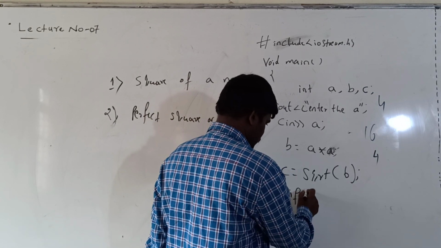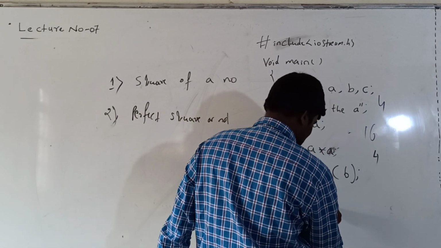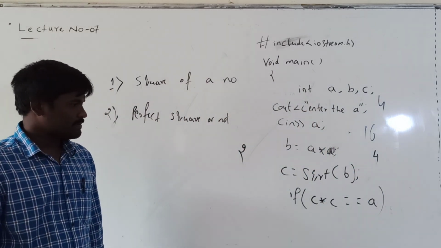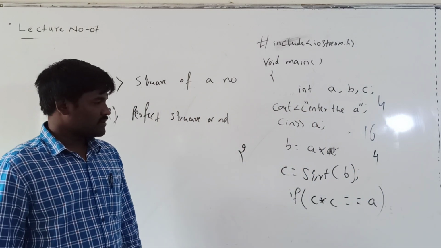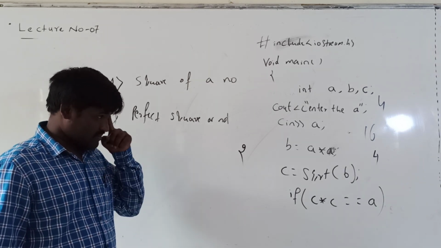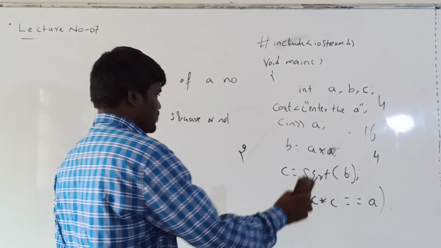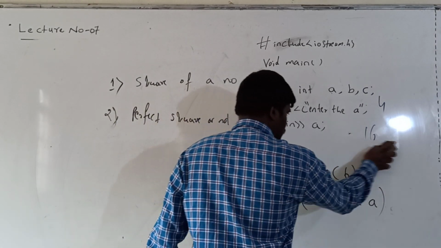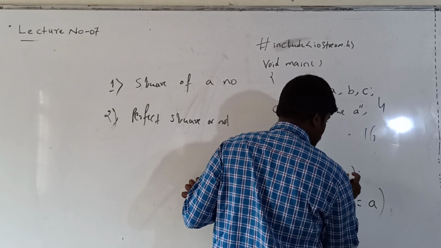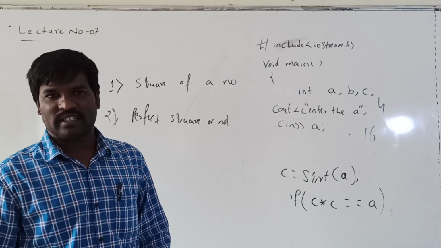If c star c is equal to a. See here. Otherwise, directly you can take the square root of a to check whether it is a perfect square.